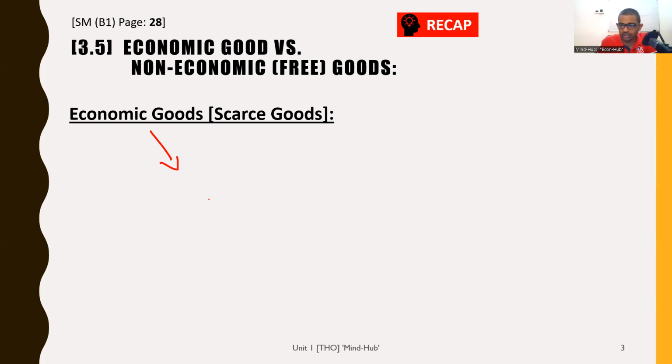When you think of an economic good, one of the very first things I want you to know and think about is a concept. This is what is first seen, first known when you think of an economic good. Very good, Amani, brilliant. Anyone else who would like to contribute? When you think of an economic good, what is the very first thing you think about?